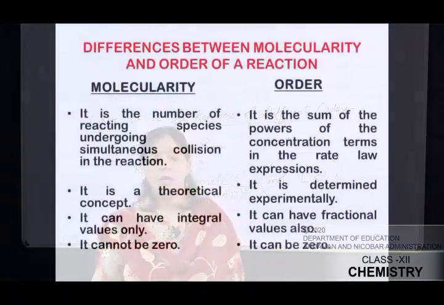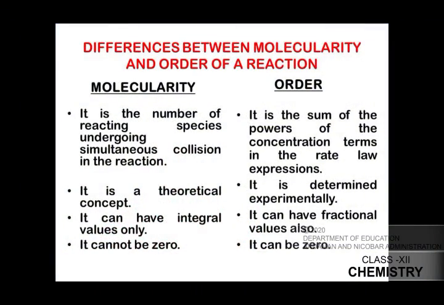The first is, molecularity is the number of reacting species undergoing simultaneous collision in the reaction, while order is the sum of the powers of the concentration terms in the rate law expression. Molecularity is a theoretical concept, whereas order is determined experimentally. Molecularity can have integral values only, whereas order can have fractional values.